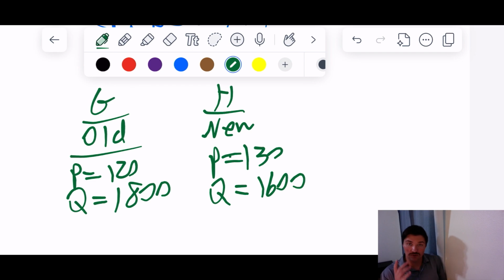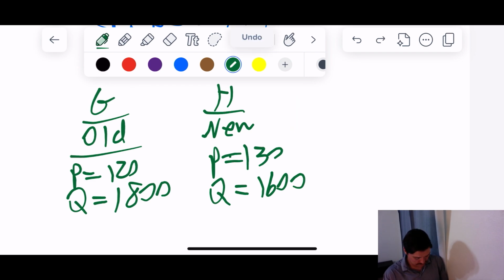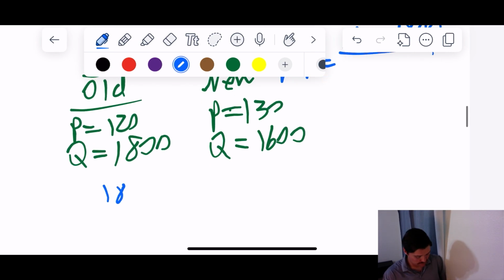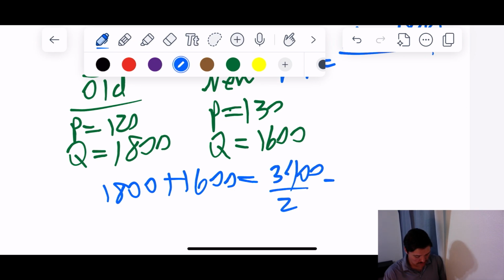So if we were to find the elasticity here, we would do 1600 minus 1800 divided by the average. If we were to add these two together, you would get 3400.